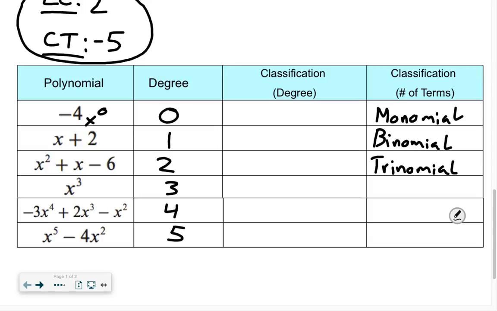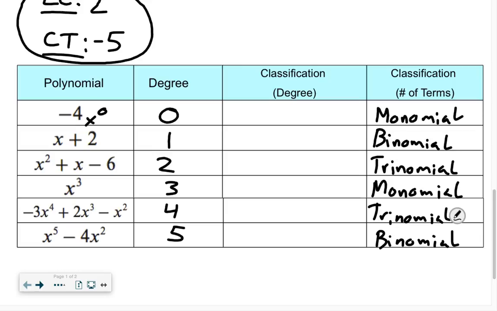So those are always going to be your 3 options if you're classifying by number of terms. What's the next one? Monomial. Trinomial. Students always get those right.